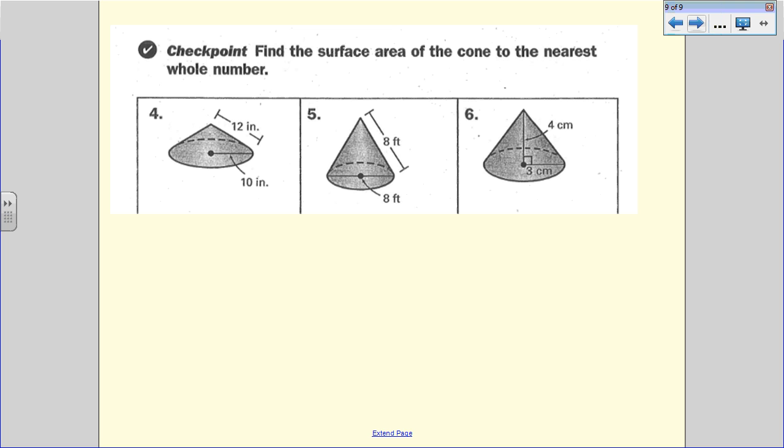If we take a look at the first one, they give us the slant height. So we're going to fill in our formula. Our formula is pi times radius squared plus pi times radius times slant height, times L. All right, so when we fill in what we know, we always have pi.